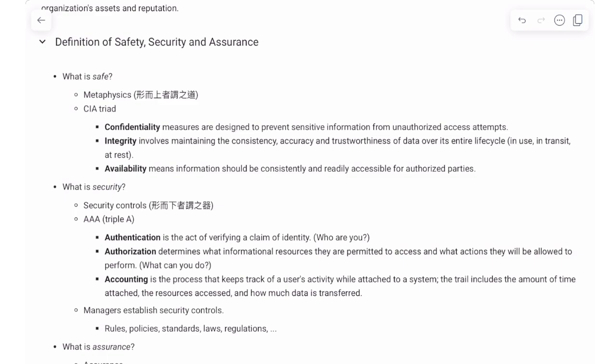So that is accounting. If any security accident happens, we know where we can find the auditing logs, and do certain kinds of security forensics.